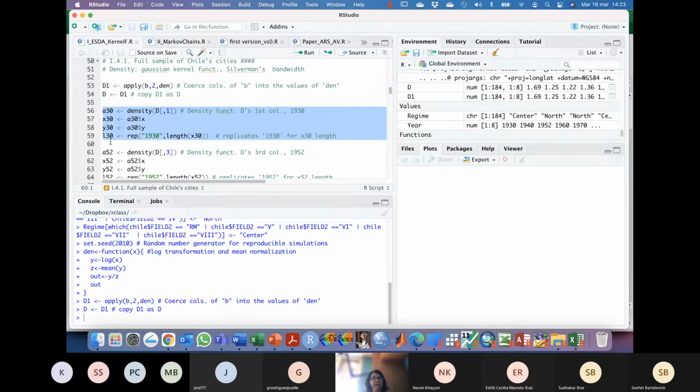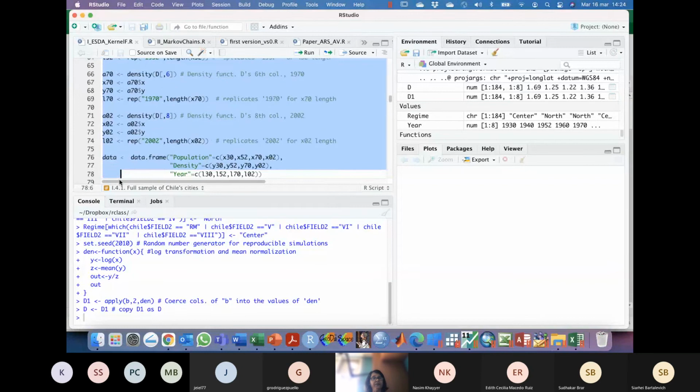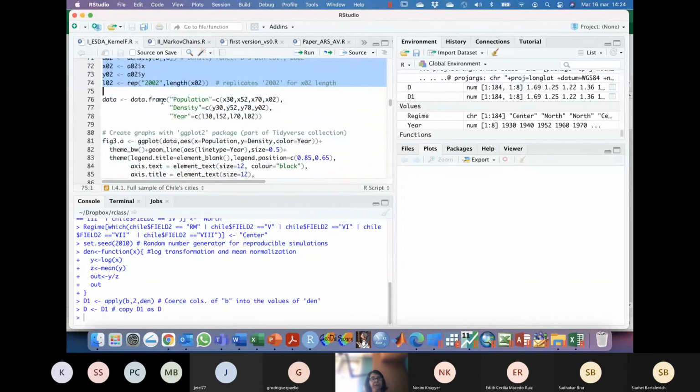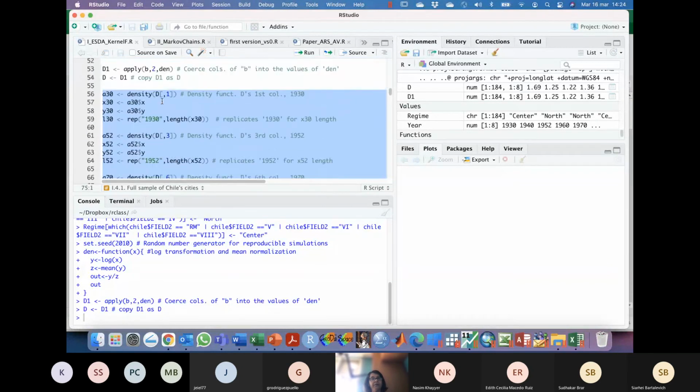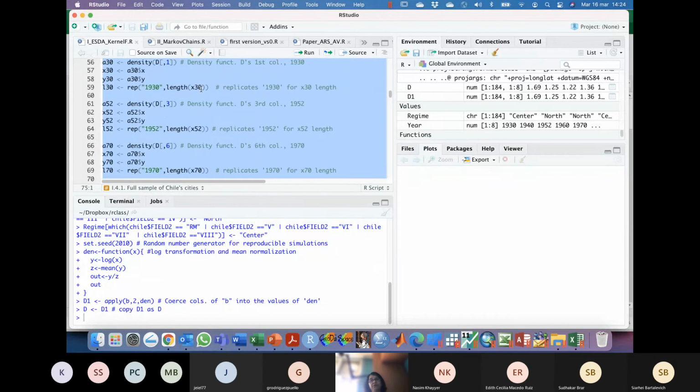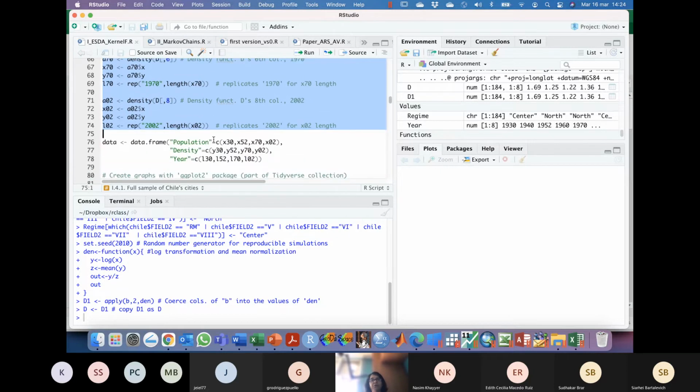Well, if I press everything, I compute the density values for the decades I'm going to consider. So they are the ones that could be these cutting points for structural changes, as you remember. So from 30 to 52, from 52 to 70 to 02.